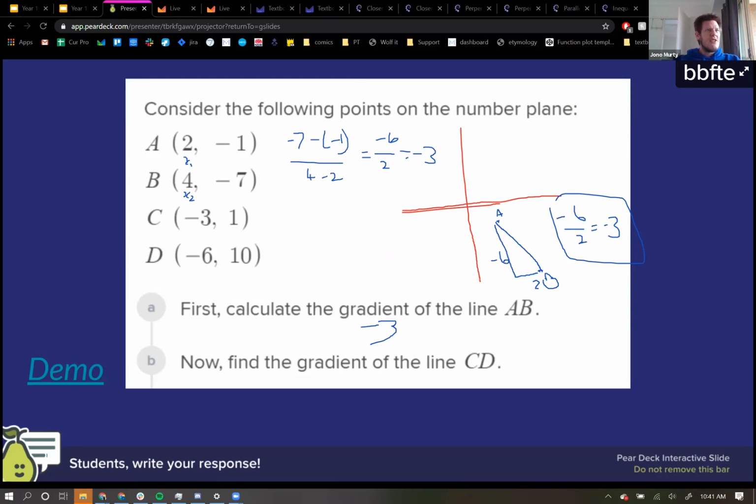Okay, Josh, it looks like you have probably flipped the two of these around. Your answer of -1 on 3 is just the reverse of this. So you maybe did 2 over -6 instead of doing -6 over 2.